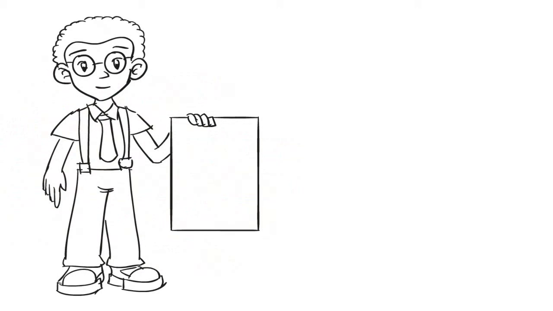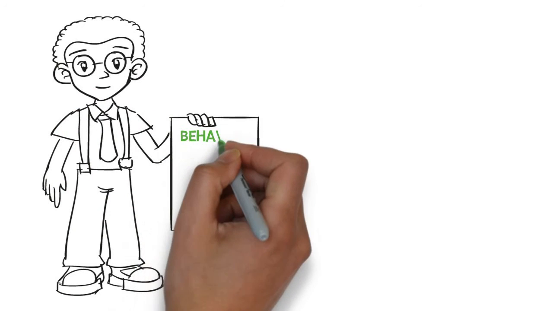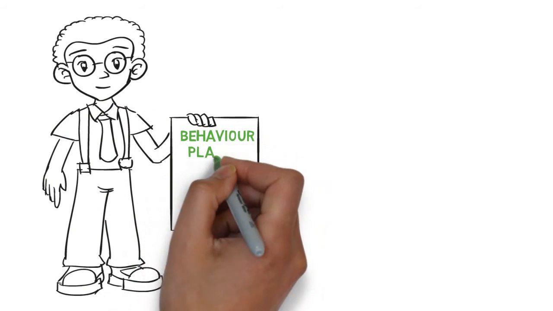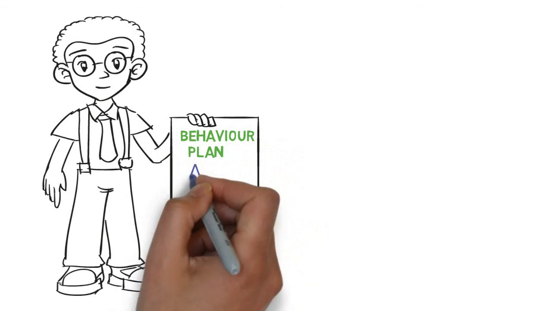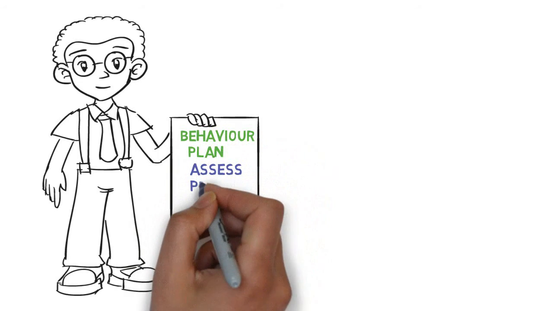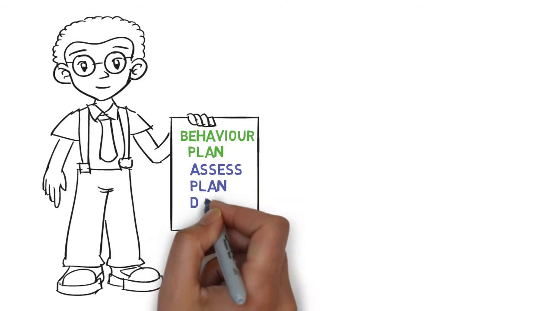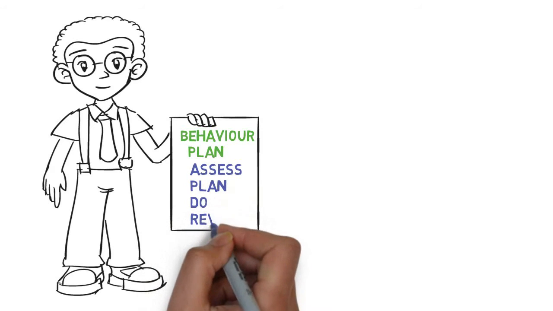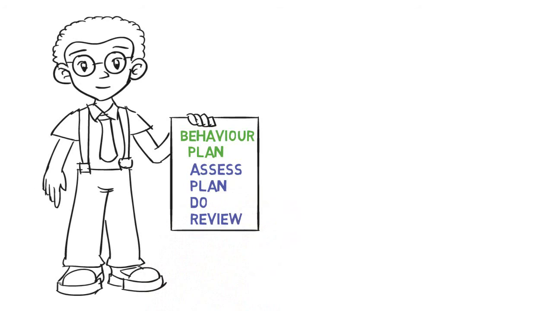Stage 1 plans are the shortest and simplest, and they fit on one side of A4, including space for the review. Stage 2 plans are slightly more detailed and fit on 2 sides of A4. Stage 3 plans are more detailed and also include a risk assessment. Each plan will guide you through the assess, plan, do, review methodology recommended by the government.